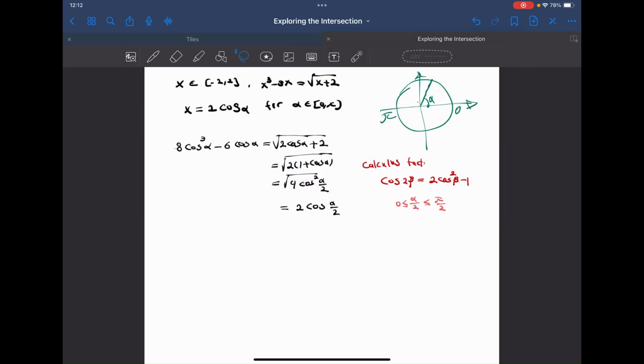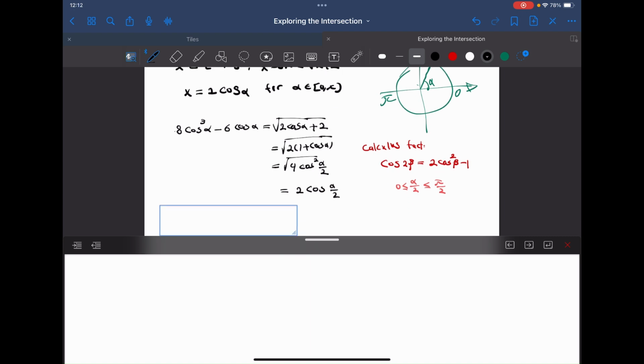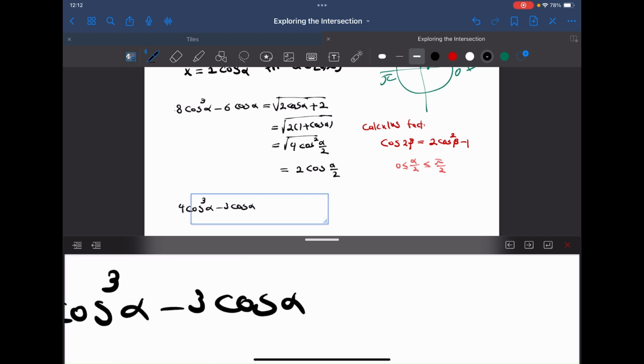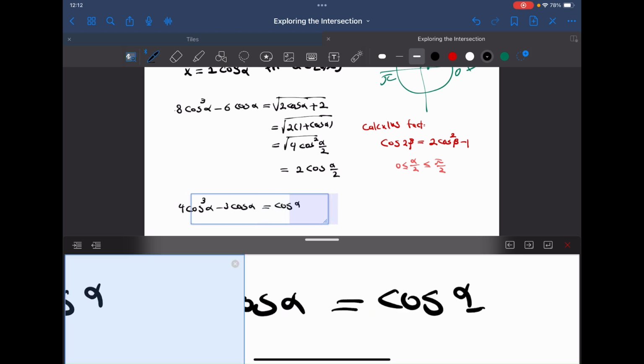Okay. So now I'm going to cancel out a factor 2 from both sides. And that basically means I have 4 cosine of alpha to the power 3 minus 3 cosine of alpha is equal to cosine of alpha divided by 2.